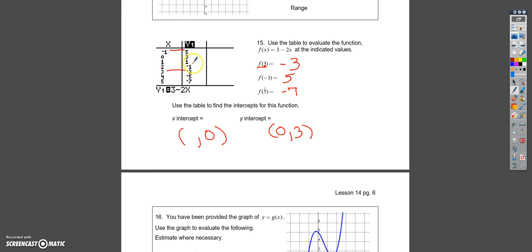But 0 would be somewhere in between these two, from 1 to negative 1. And so we're going to go halfway between, which is 1.5.